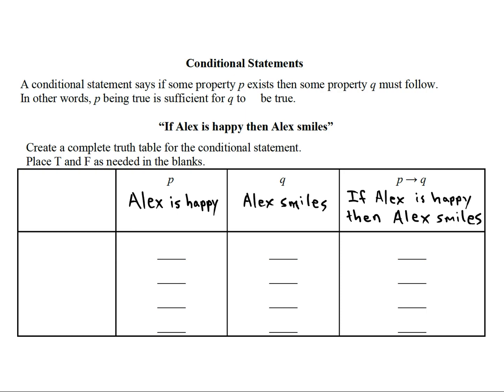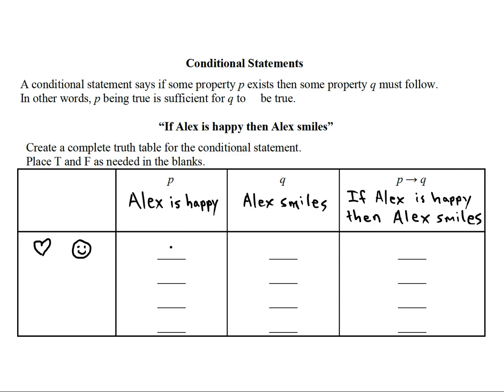All right, so let's go ahead and draw some pictures just to remind ourselves of what the different possibilities are. I'm going to put happiness on the left and smiling on the right. I'll represent happiness with a heart, and the smile can just be a typical smiley face.